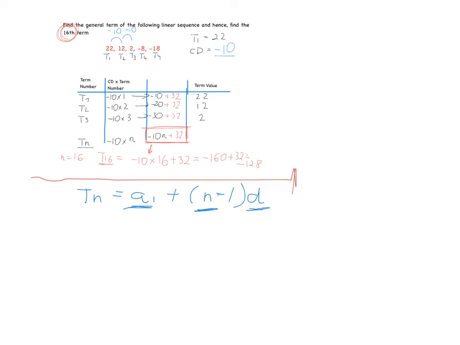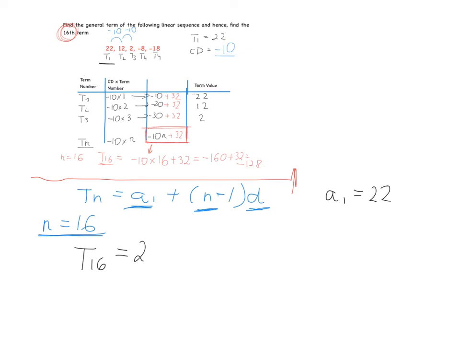So if we are asked to find the 16th term, we know that n equals 16, okay? So we need to follow the formula all the time. T16 equals, and then what's A1? A1 is the first term, and the first term is just 22.